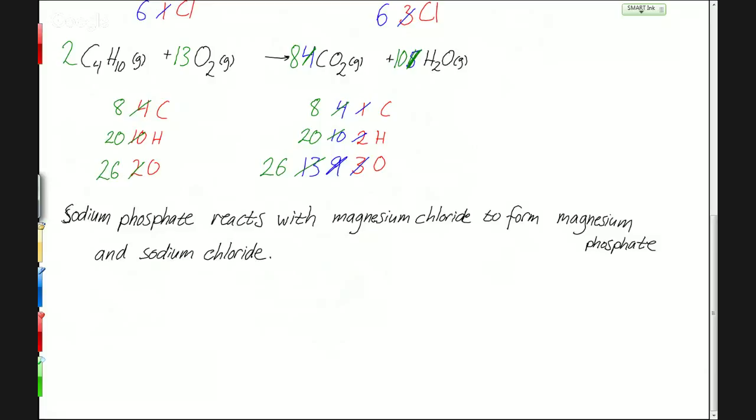So this is often how you'll see these kinds of things written. It's a description of a reaction, and then you need to write a balanced equation for that description. Sodium phosphate reacts with magnesium chloride to form magnesium phosphate and sodium chloride.